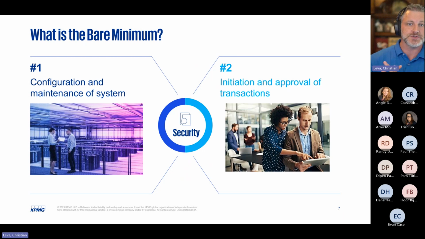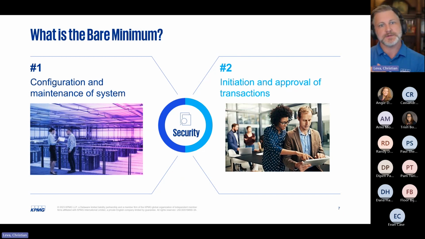But those individuals should also not be the same ones who are, for example, provisioning security. Anyone who is provisioning security to your organization, that needs to be their role. They could share that role with the developers or the application administrators. That's fine. But they should not be responsible in any way for initiating or approving transactions. That's just too much access.